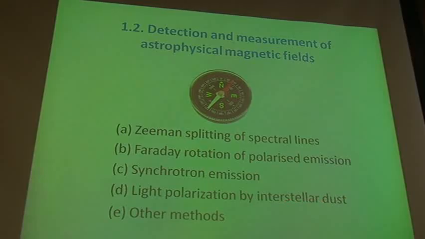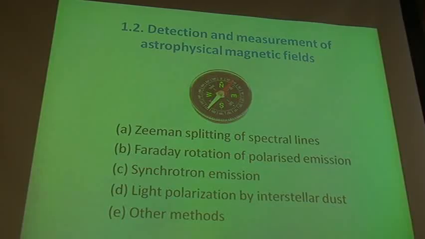This is an interesting mechanism. I mentioned the presence of dust with interstellar gas. These dust particles have some magnetic properties. Some of them are paramagnetic. And they rotate around their axis.